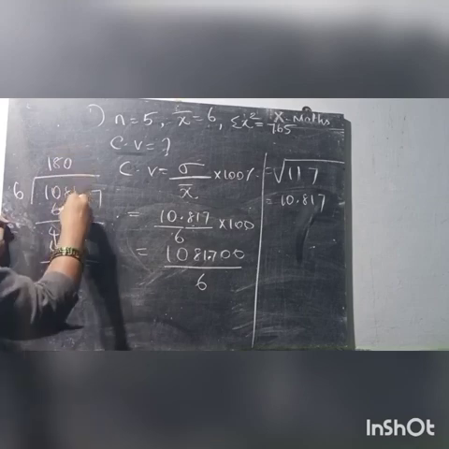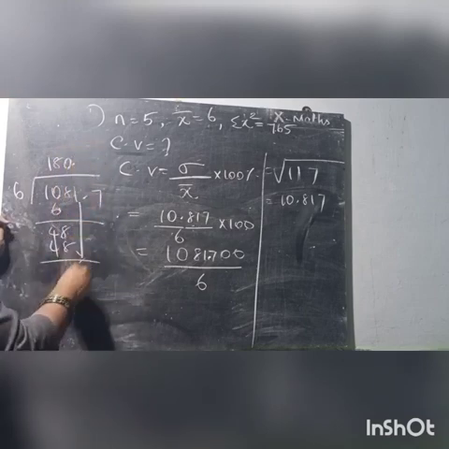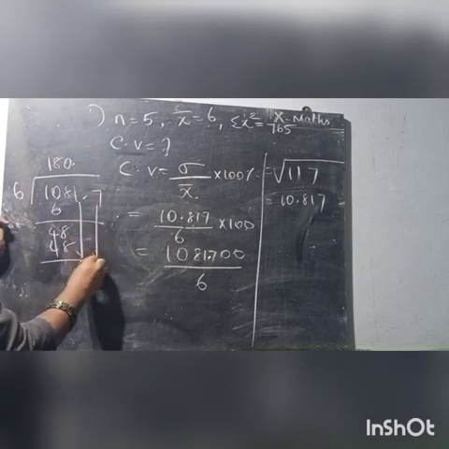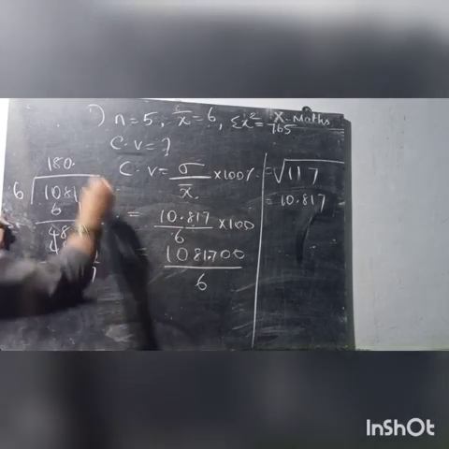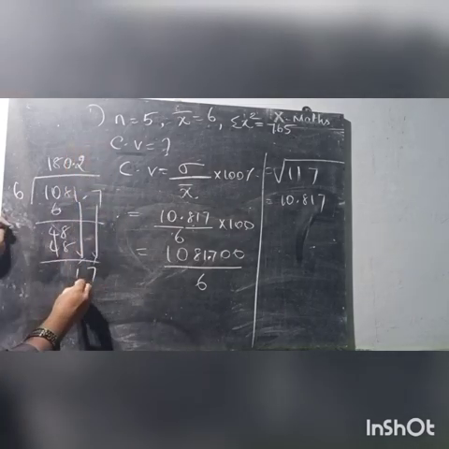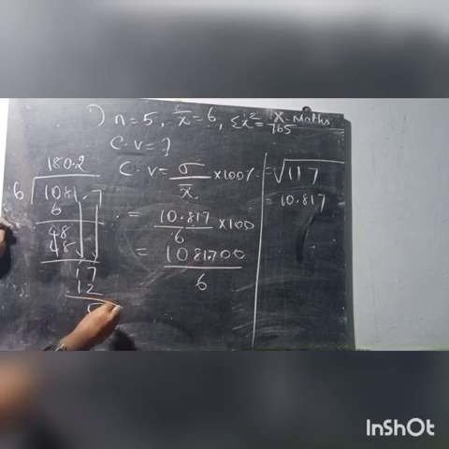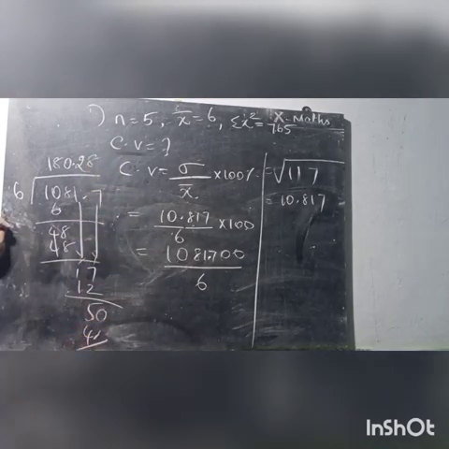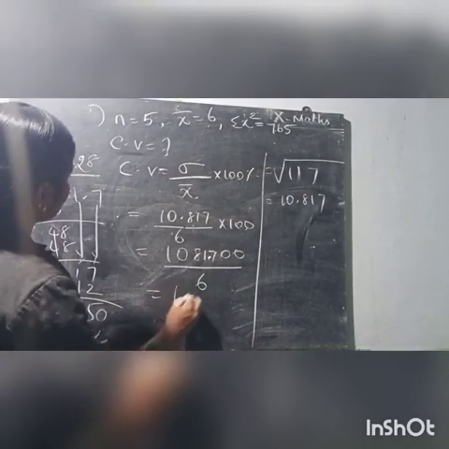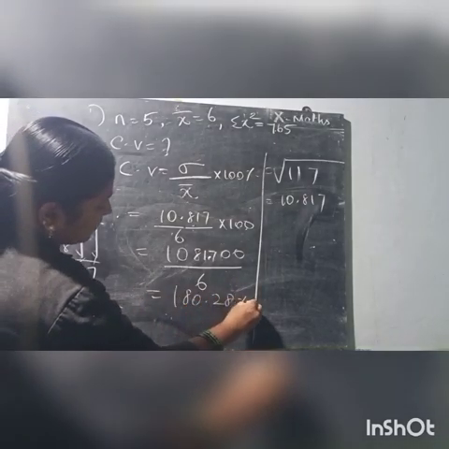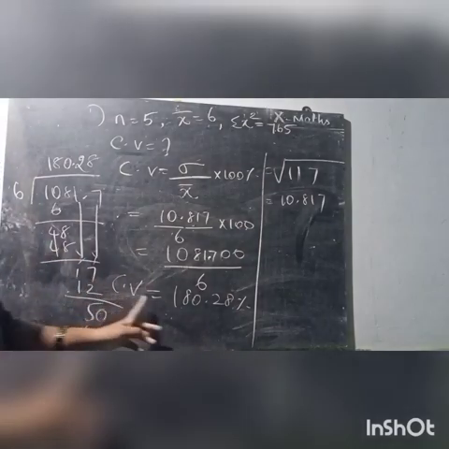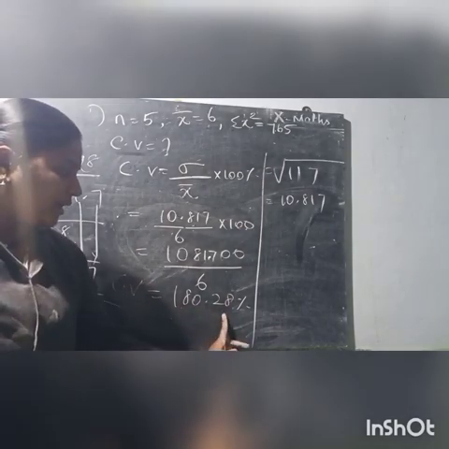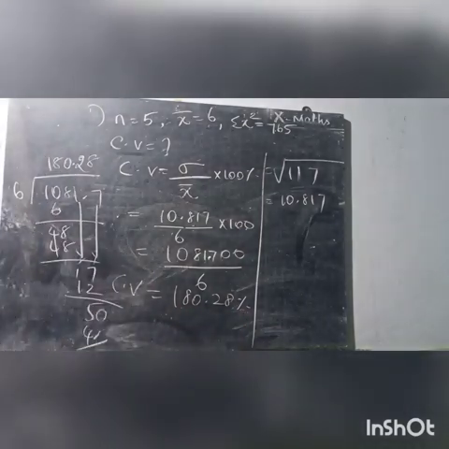Then bring down this number. Again 1 and 7. So in 17 we will get 2 times 12, then balance 5. Then 50, 8 times 48, then it will continue. So now the answer is 180.28 percentage. So coefficient of variation equals 180.28 percentage.